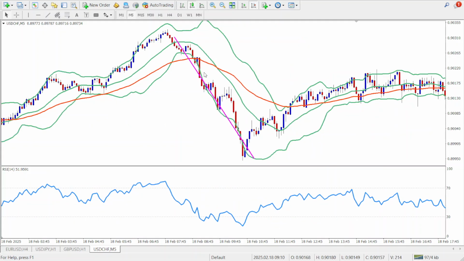While if the price is below the moving average, it's a bearish trend and you want to focus on sell opportunities. So by combining these indicators, you'll have more confidence in your trades and you'll be able to make more informed trading decisions.